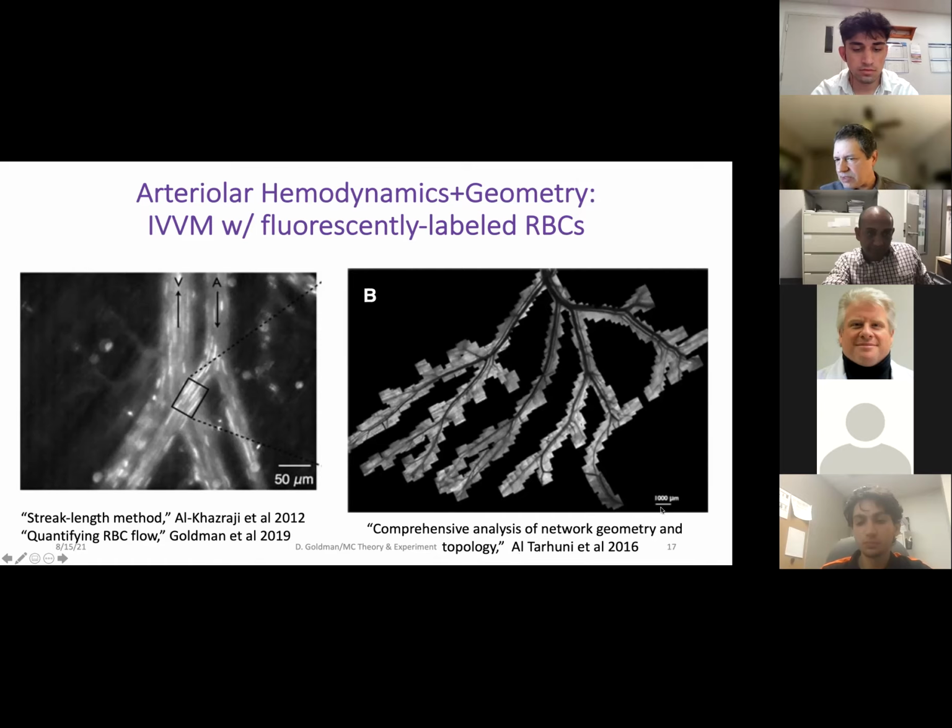The length scale is 1,000 microns. I believe this whole thing is about 1.5 by 2 centimeters. With an arteriole here of about 150 microns, the smallest arterioles we find are, I think, around 20 microns. So over a fairly large range, you get this branching structure of the arterioles and the venules.